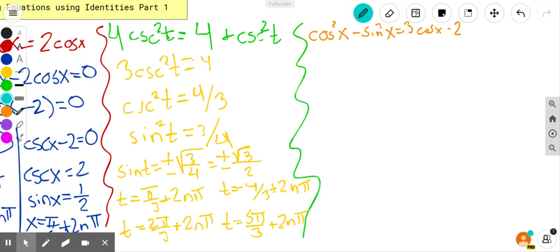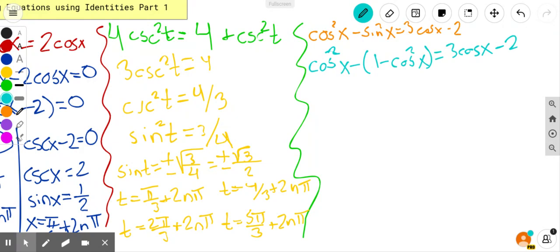So I'm going to choose to look at this as cosine squared of x minus 1 minus cosine squared of x. That's my Pythagorean identity. That should equal 3 cosine of x minus 2.